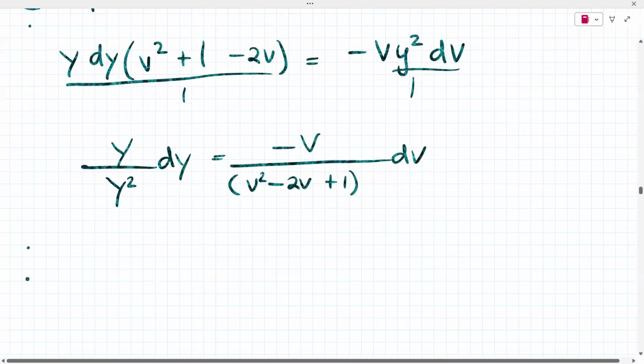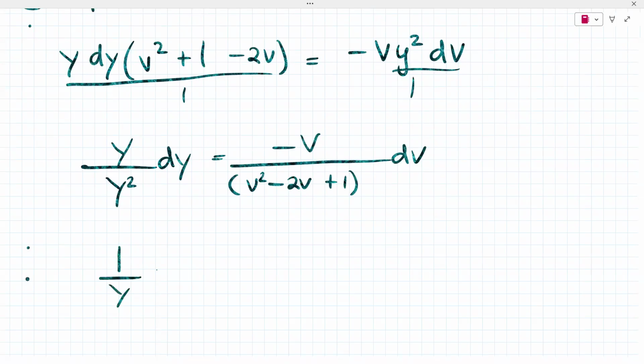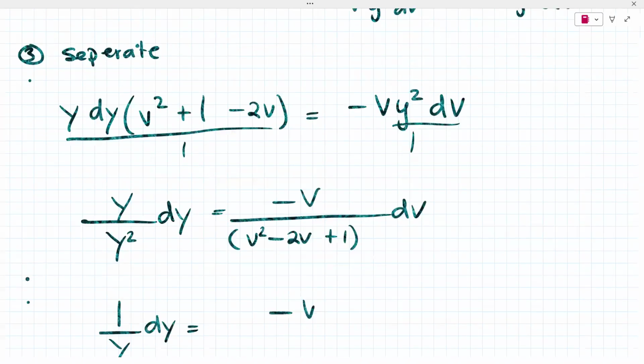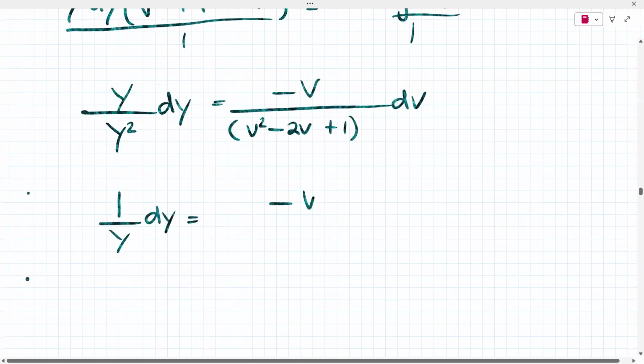And then over here, y over y squared can be canceled as 1 over y dy equals negative v. Right over here, I just rearranged this to make it easier.